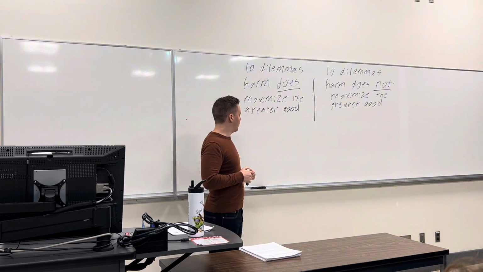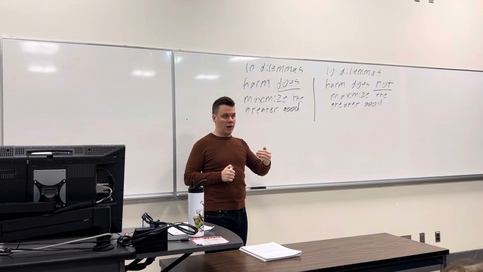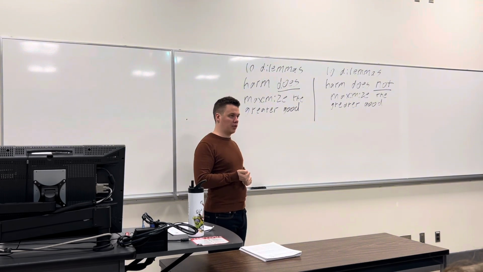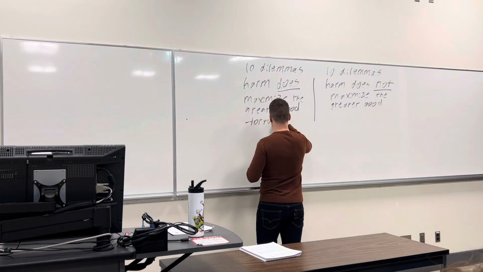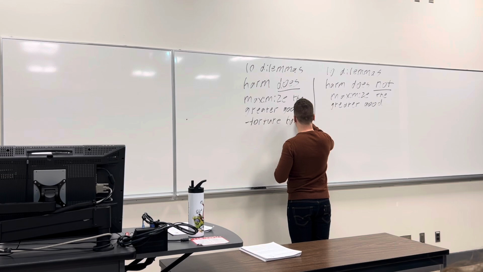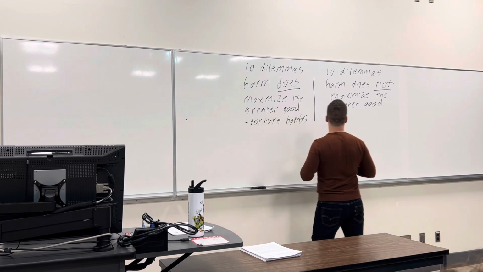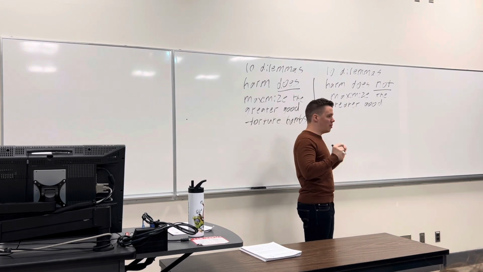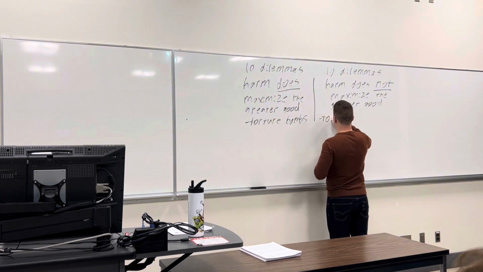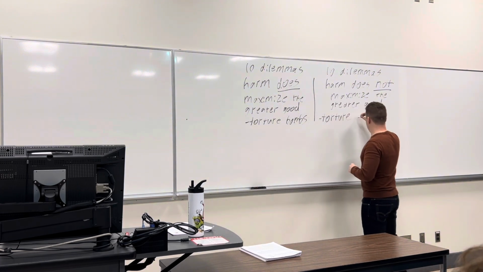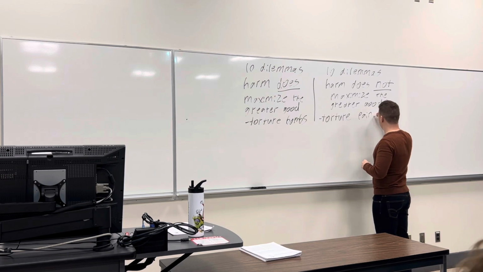In the first set, the harm in question does maximize the greater good, like the torture to find bombs. And in the other 10, the same kind of harm does not maximize the greater good, so that would be the torture to find paint bombs.